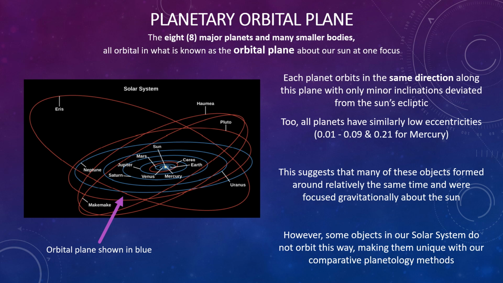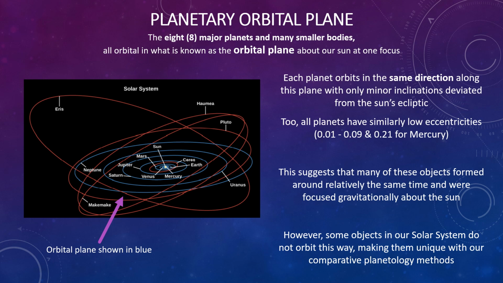So when we look at the picture on the left, we can see that many of the planets orbit in these nice elliptical orbits that are on the same plane. We see the major planets in blue on the orbital plane. And then we can see the dwarf planets in red, quite a few of the ones that are further away are very deviated off this orbital plane.